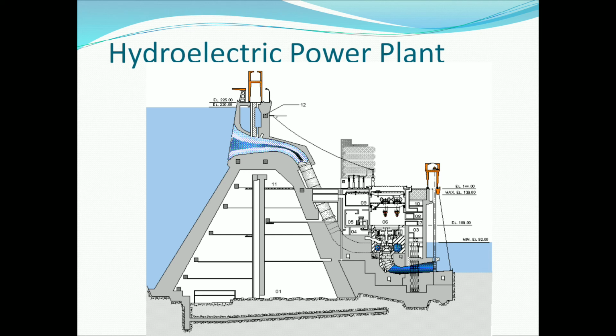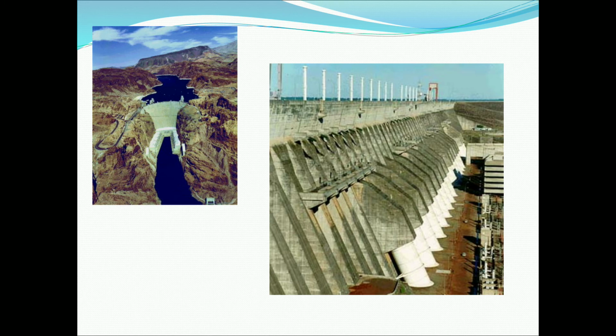Here, the Kaplan or Francis turbine is connected with the alternator, the water goes outside, and the alternator generates electrical energy. This is the exact concept. Physically, the hydropower plant looks like this.